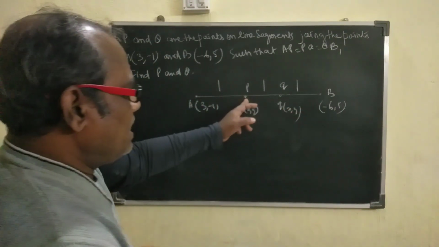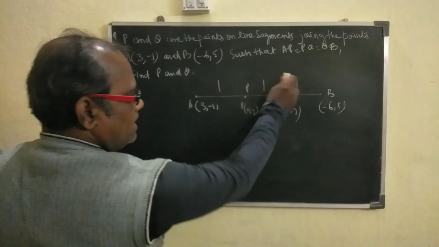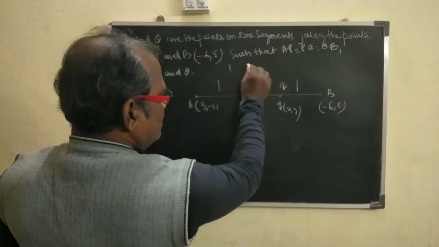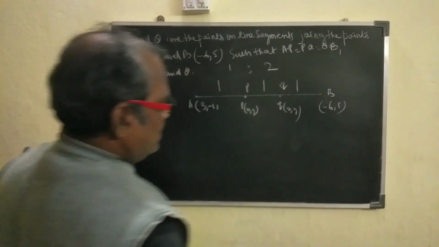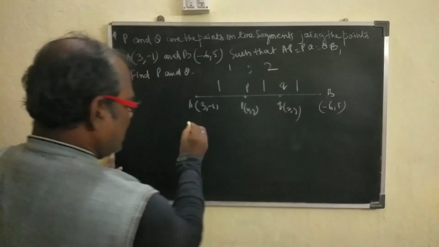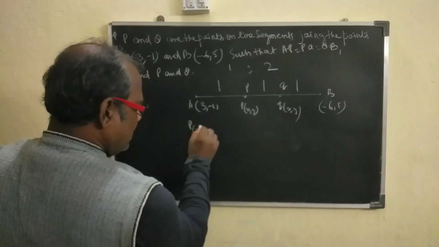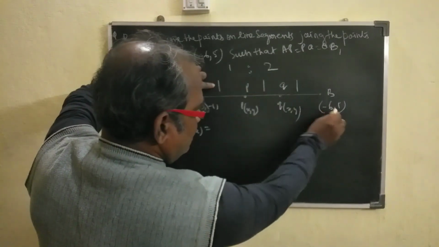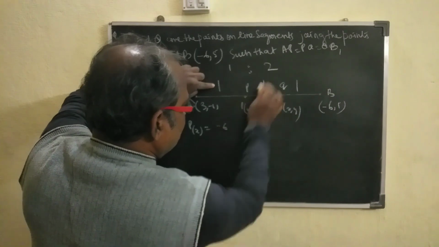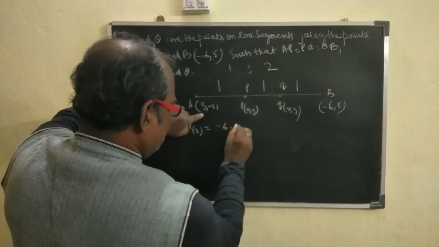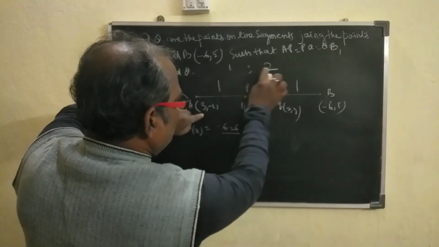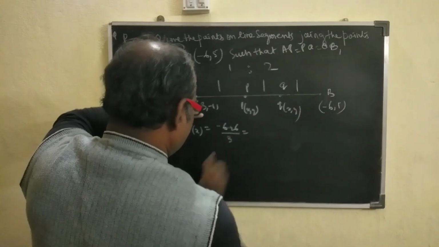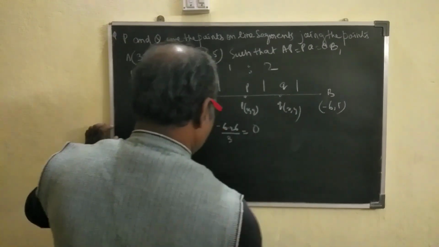When we find point P, we will think of it as a 1:2 ratio. Now with the 1:2 ratio, P of x is 1 into minus 6 is minus 6, 2 into 3 is 6, by 1 plus 2 is 3, which equals 0.